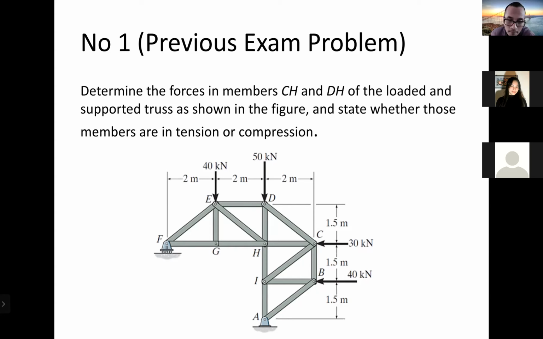So basically, if you are asked to finish it using the joint method, you'll be able to do so, correct? Yeah, but it will be too long, right? Yes, correct. So the question here is we have to find out the forces in the members CH and BH. Okay, BH, this one, and CH, this one.